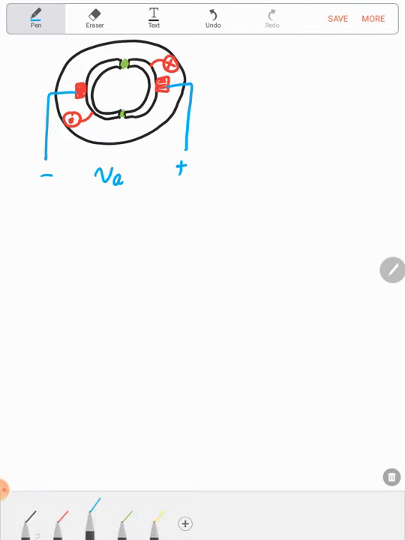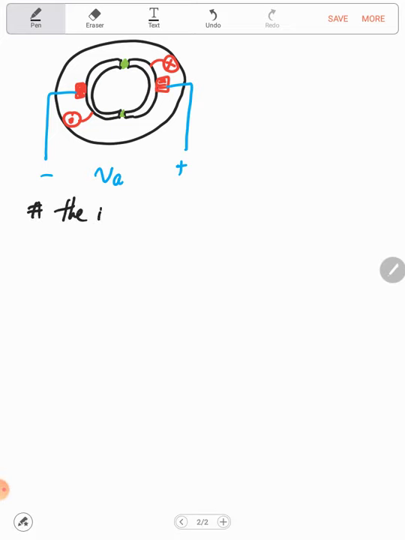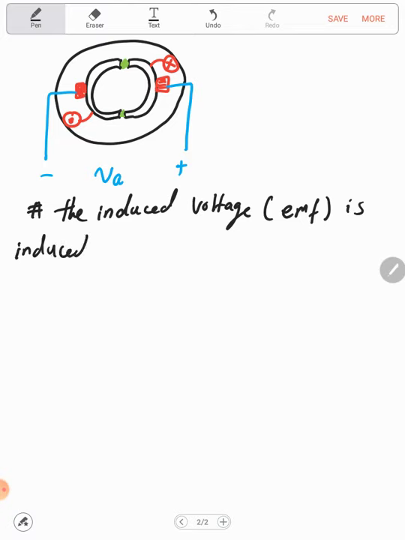So simply, the induced voltage, which for short we call EMF, is induced in the rotor. So that's why we are calling the rotor the armature.